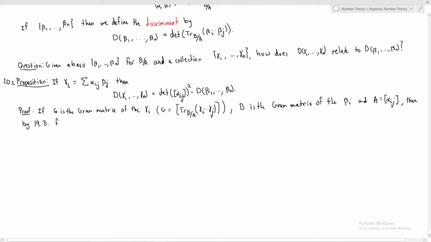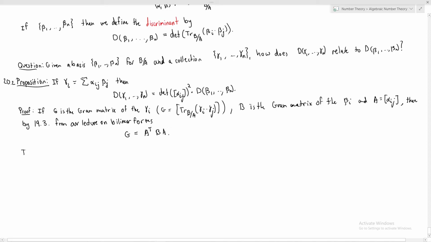By 19.3 from our lecture on bilinear forms, G is going to be A transpose B times A. So the gram matrix of the gamma sub i's is related to the gram matrix of the beta sub i's via A in this way. And then to compute the discriminant, I just need to take determinants.